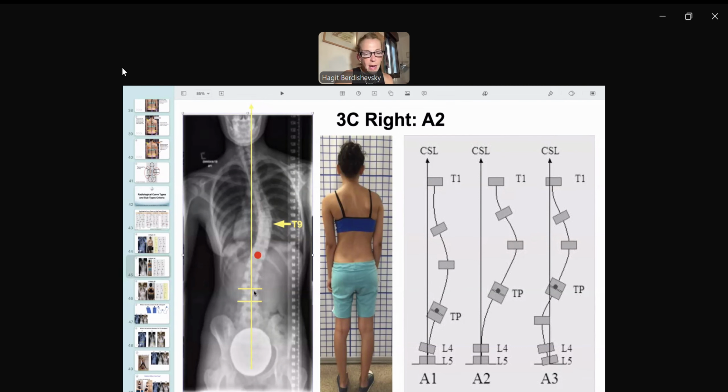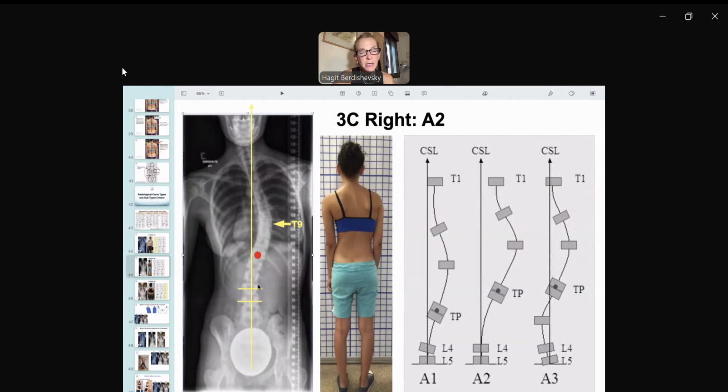The vertebrae are a little bit to the left of the central sacral line. So sometimes, if it's really the beginning of scoliosis in a patient, maybe it will form a lumbar a little bit later, or maybe not. I don't know. I'm not sure.